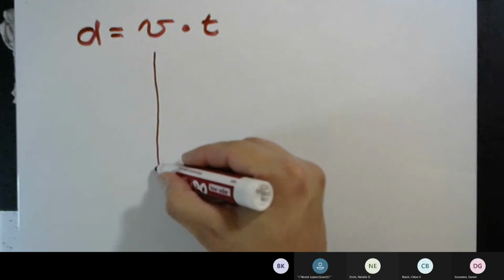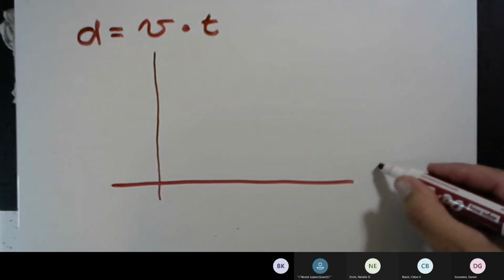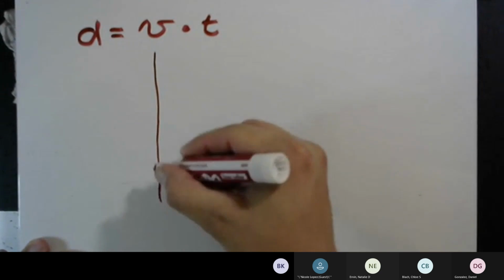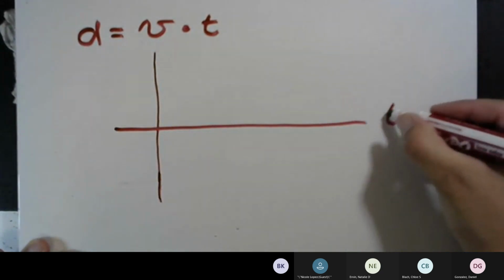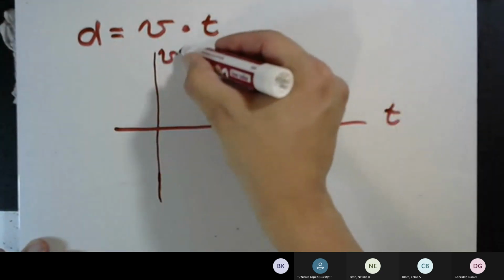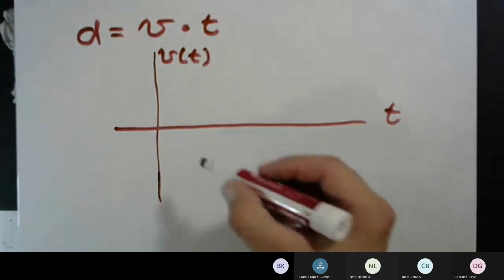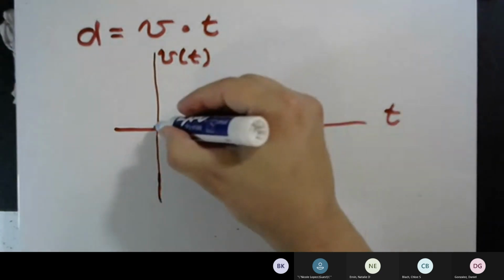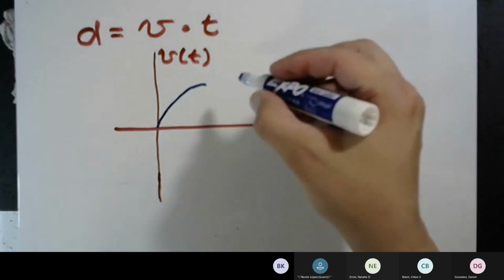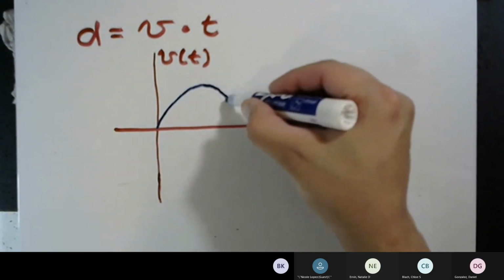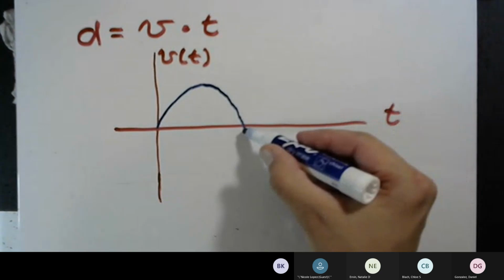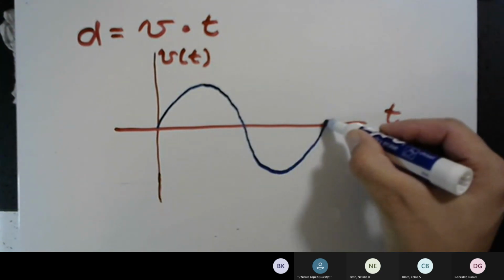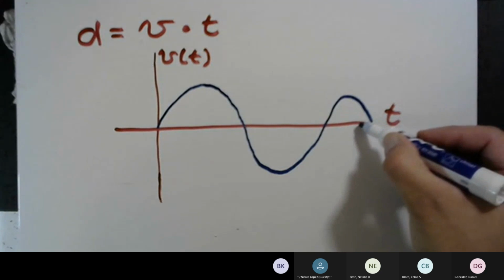So if you have a velocity curve, here's time, here's velocity. And if your velocity curve does something like this, here you have a positive velocity. A negative velocity might mean you're traveling backwards. And then let's say you have something like this.